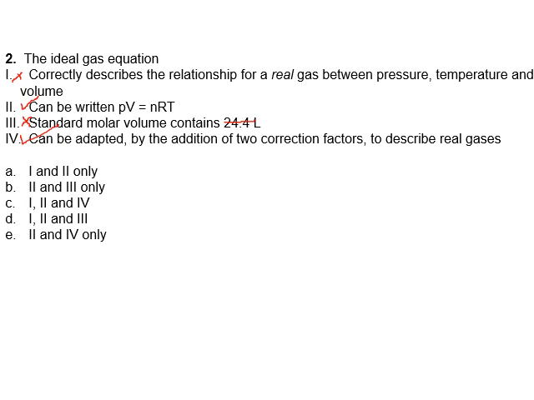And it tells us that if we add the A and the B factors to the pressure and the volume, that will adapt it so that if you look up the A and the B value for a particular gas, you substitute those in, and you also have to know the volume and the number of moles, then you can actually adapt this to the ideal gas. So anyway, that one's correct. So 2 and 4 are correct, so the answer is going to be E, 2 and 4 only. Next slide. And here's your answer. Next slide.